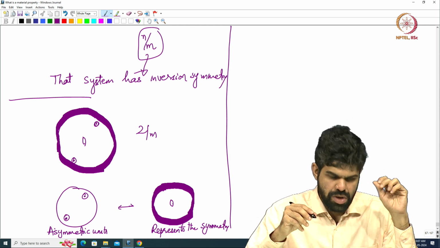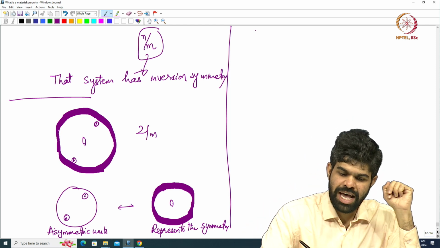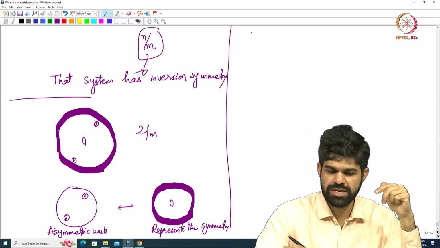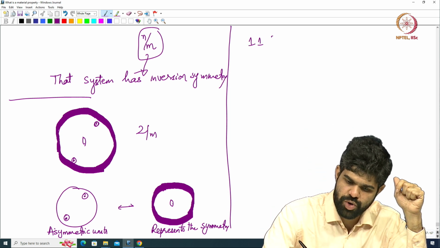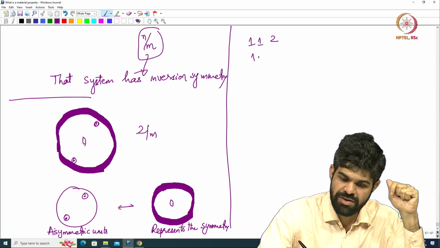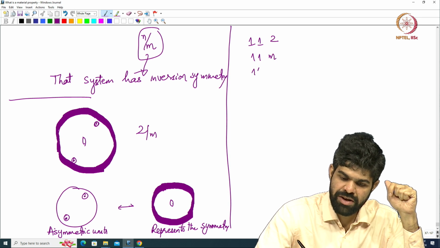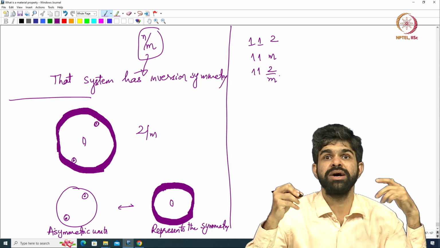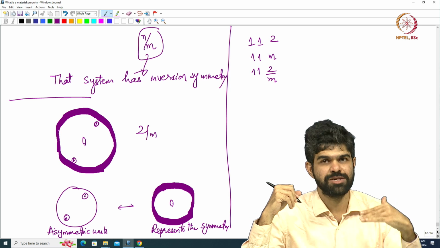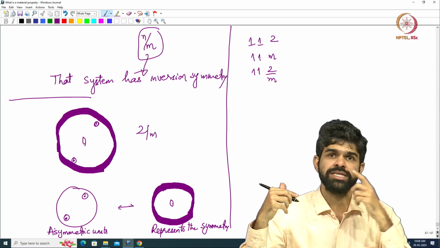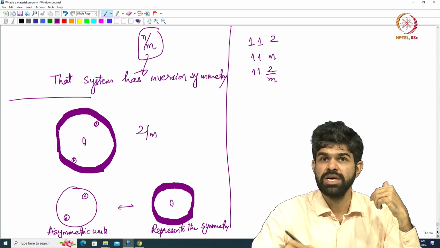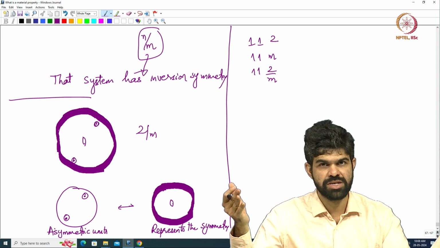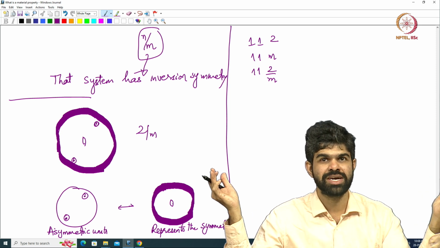Okay. So now can I have anything else in the monoclinic system? So I had 1 1 2, right. I had 1 1 m. I had 1 1 2 by m. I combined both the two-fold axis of symmetry as well as the mirror. Can I have something else? The option is, I cannot have anything more than a two-fold axis of symmetry, then it is no longer a monoclinic system.